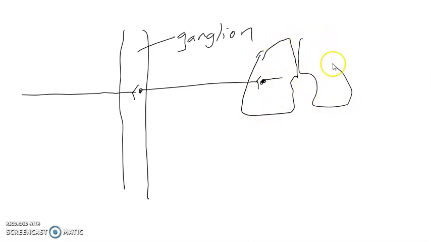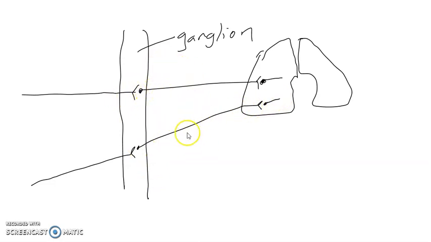So just as an example, this is in the lungs, and one is sympathetic and the other one is parasympathetic. Of course, this is not an accurate representation because one should be short, one should be long.